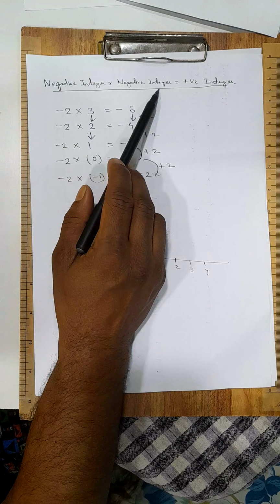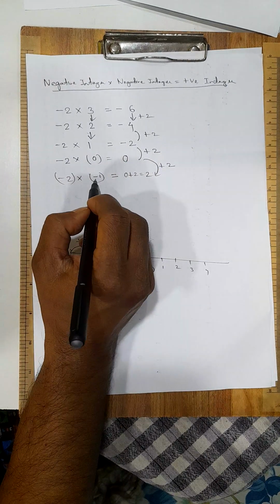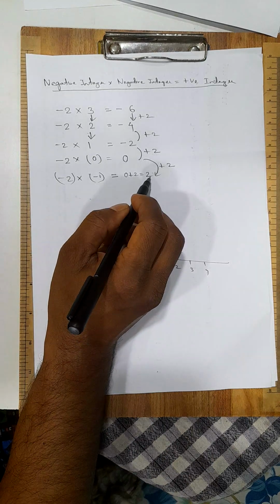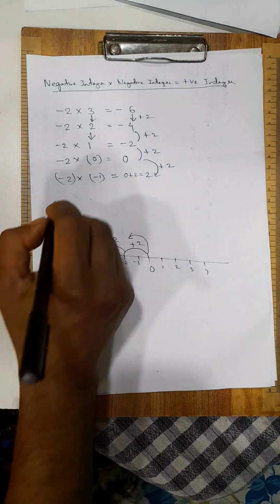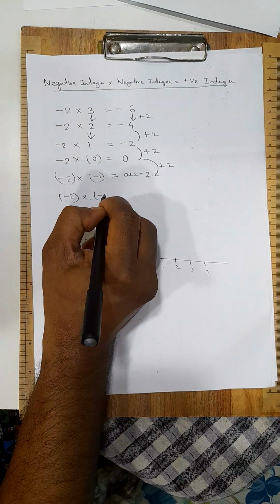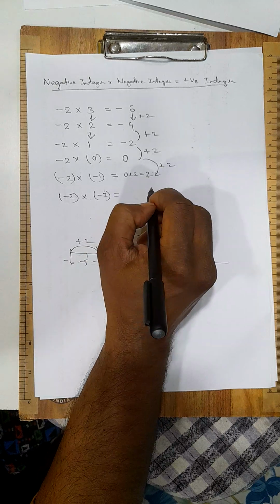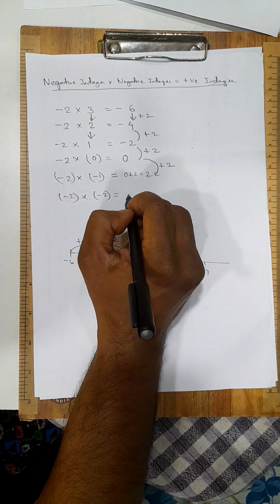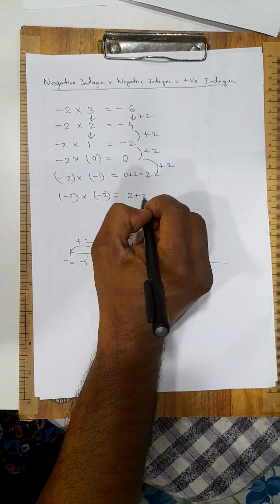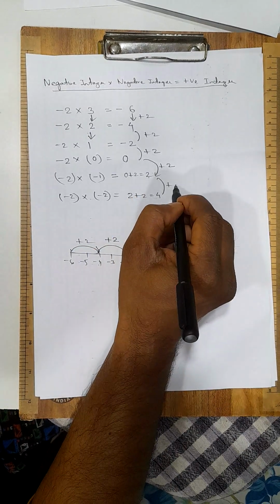Negative integer multiplied by negative is a positive integer. -2 multiplied by -1 equal to +2. Right? You can go to the next step again. -2 multiplied by -2, so the answer is this answer plus 2 again. So the answer is 4. Right? Again we are increasing by 2.